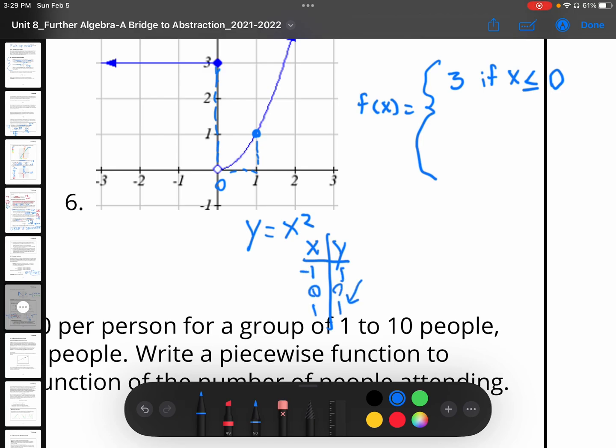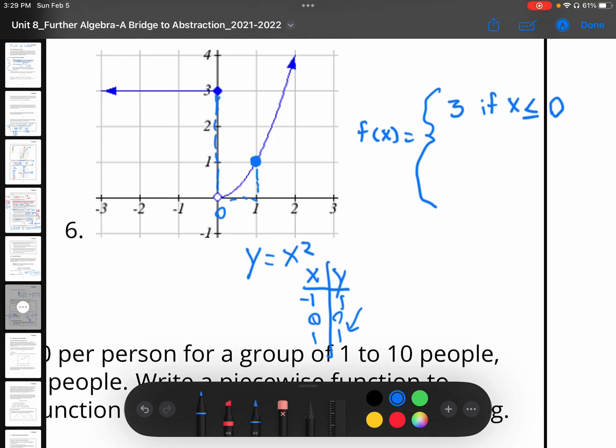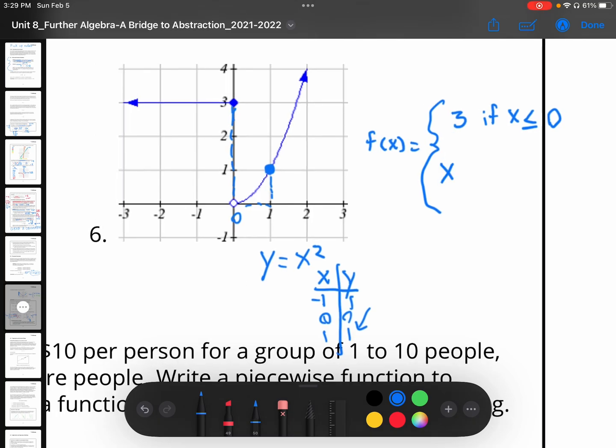If this y value is exactly where it's supposed to be, which it is, then it's not being stretched. So for this one, this is just y is equal to x squared if x is greater than 0. Now, how do I know it's greater than 0? Because you have an open dot right here. All right. So I think that's pretty much it.